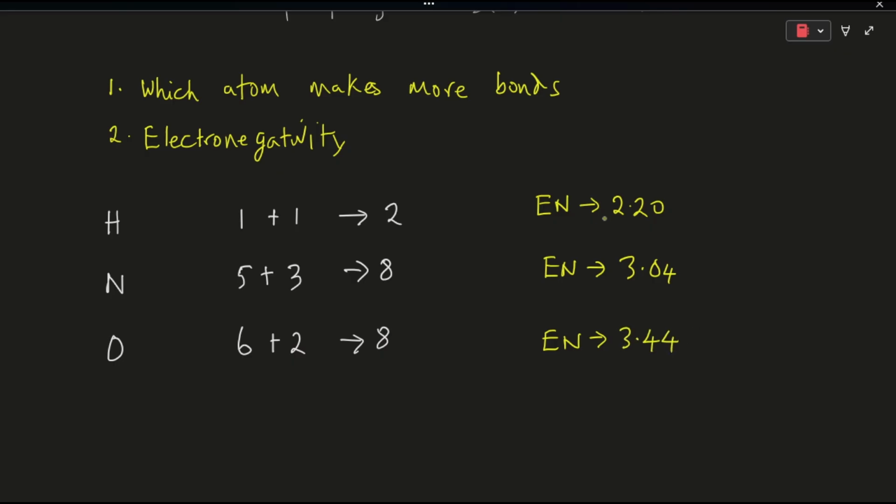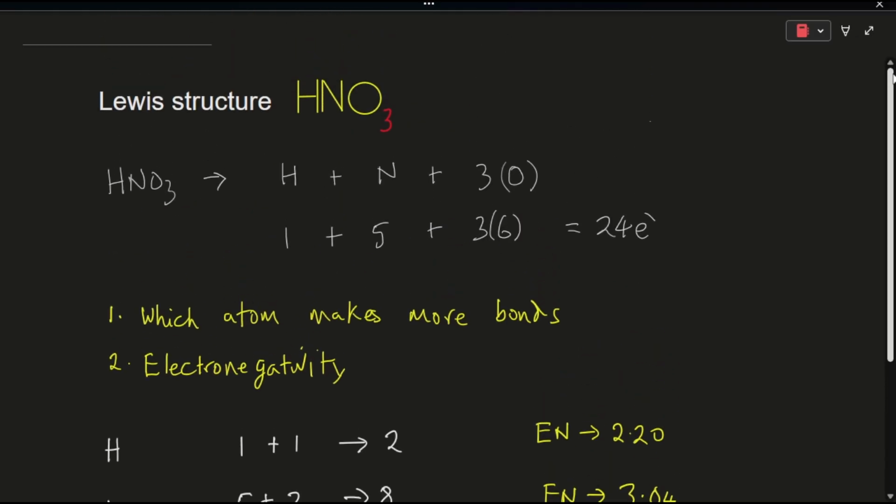In terms of these values, hydrogen has the least of the 3, but hydrogen can make only 1 covalent bond, the least number of bonds of the 3 atoms. So of the 3, we will go for the atom that makes more bonds, which is nitrogen. So nitrogen will be considered as our central atom in drawing our Lewis structure for nitric acid.